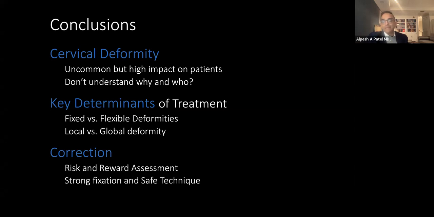In terms of preventing C5 palsies, foraminotomies have been shown, as you mentioned, in a couple of studies to reduce the amount of C5 palsies. So I'll always do a 4-5 and actually a 5-6 foraminotomy because I've seen C6 palsies as well. A couple of newer studies that have come out, and I can't say definitively yet, actually suggest a lower rate of C5 palsy with laminoplasty than with laminectomy and fusion.